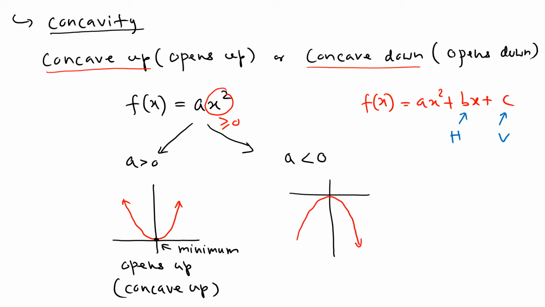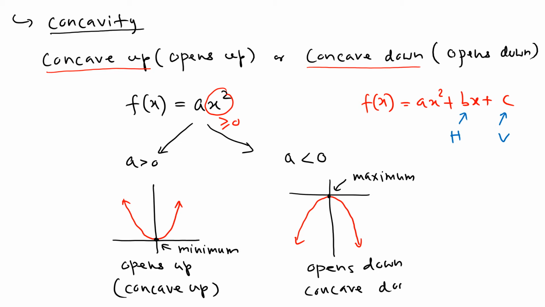Again it goes through 0. In this case there's a maximum value, and we call this opens down, or sometimes concave down.